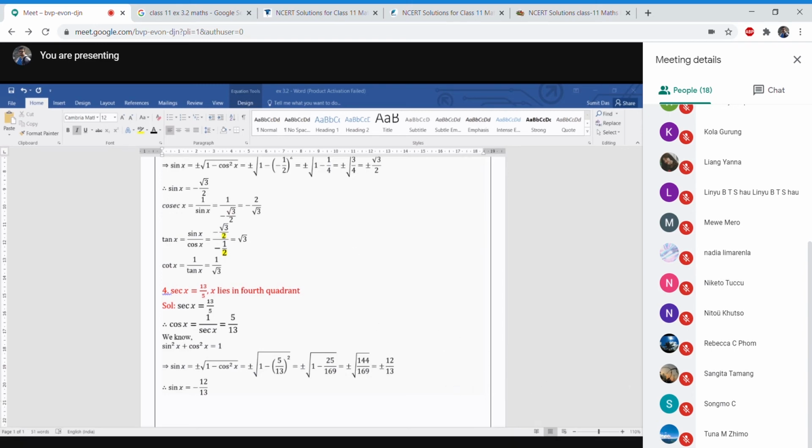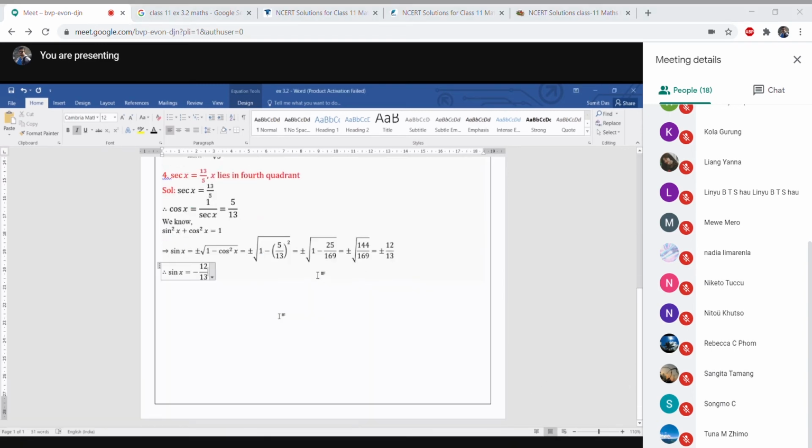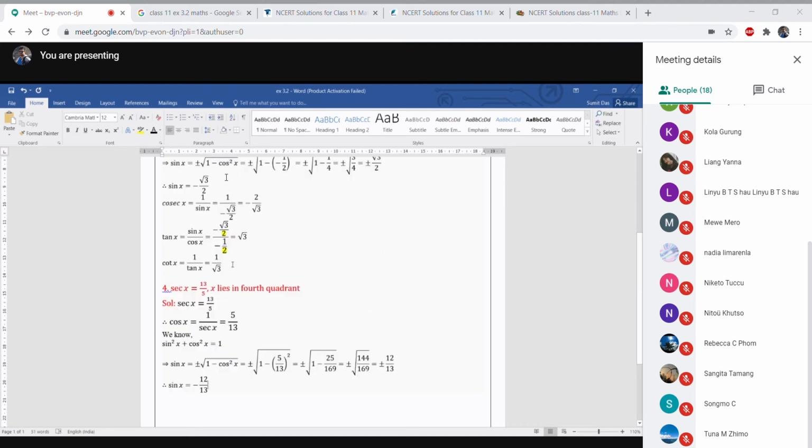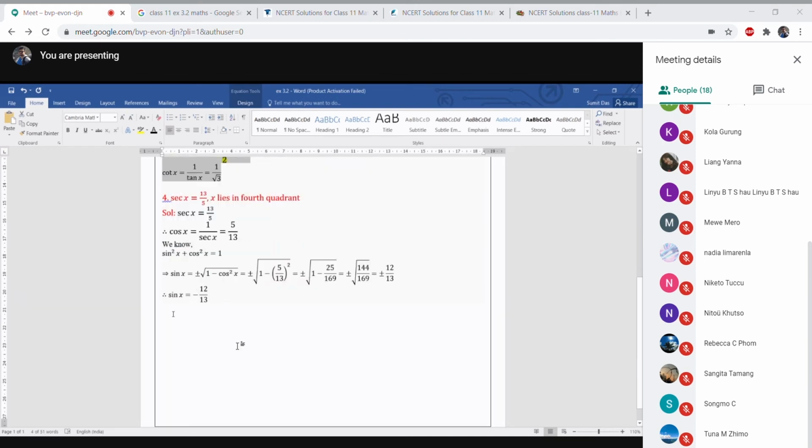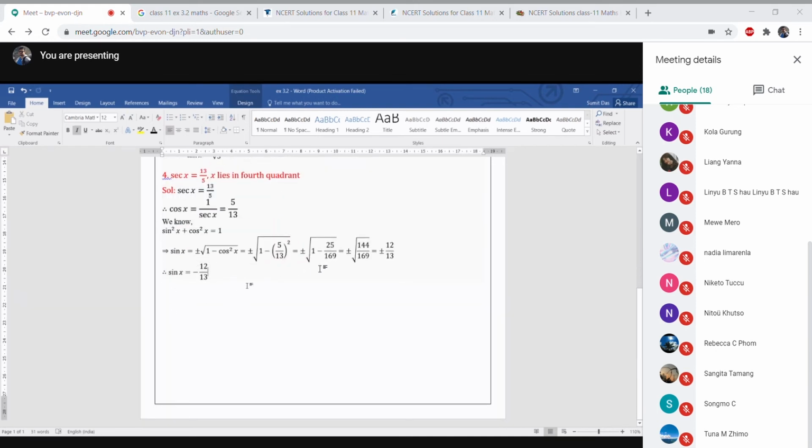Okay, so we got sine, then we will find the cosec and tan as usual. I'm writing like this. Cosec will be 1 by sin x, it will be 1 by minus 12 by 13, so it will be minus 13 by 12.